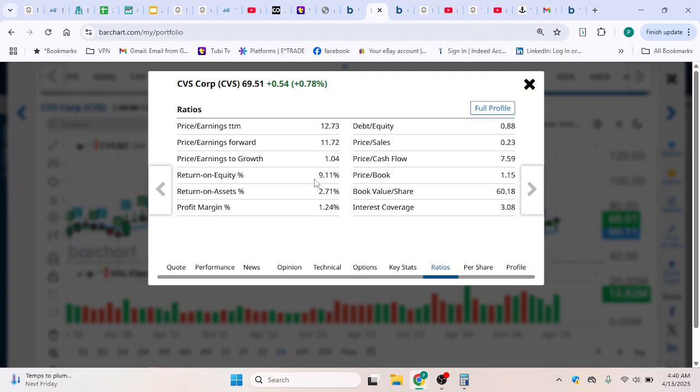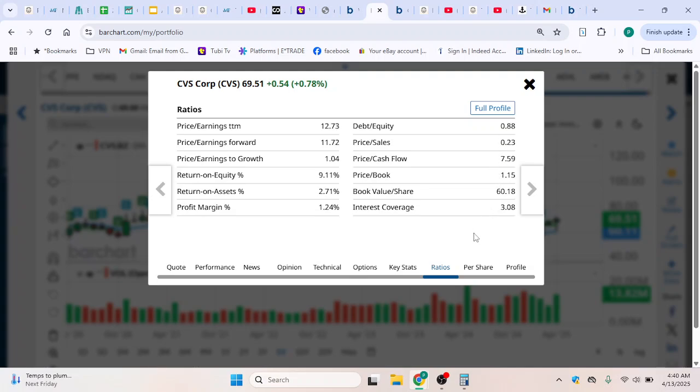Return on equity, about 10%. Not high, but fair. Return on assets is fairly low. Profit margin is fairly low. Okay. But they have low debt. I like the price divided by sales number there. And all these are fairly low numbers.